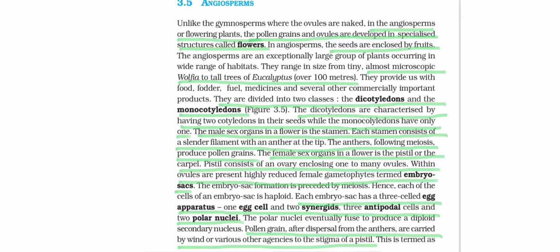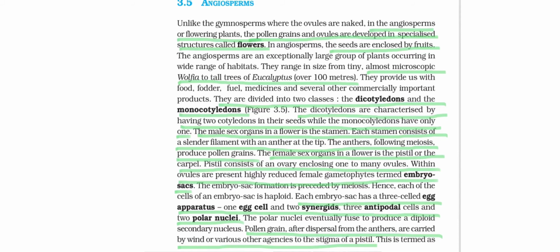Let us see a few examples here. Wolffia is one example, which is the most microscopic angiospermic plant, and if we compare it with eucalyptus, that is a tall tree about 100 meters in height or even more.